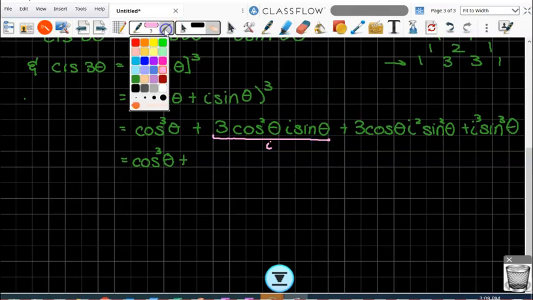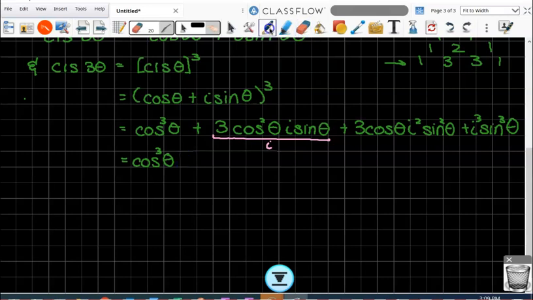However, look at the next term. It's got an i, but would you classify it as being imaginary? No, because i squared is minus 1. So this now becomes minus 3 cos theta sine squared theta.